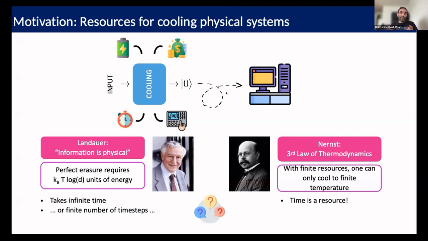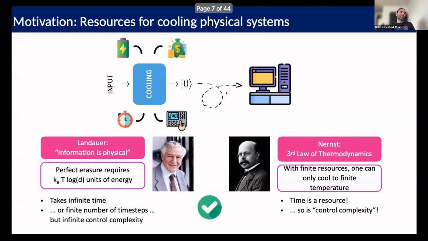It means in this case, time can be the resource, or you can do it in a finite number of time steps, but then you need infinite control complexity. You need to deal with a very complicated, very big system, with long-range interactions.